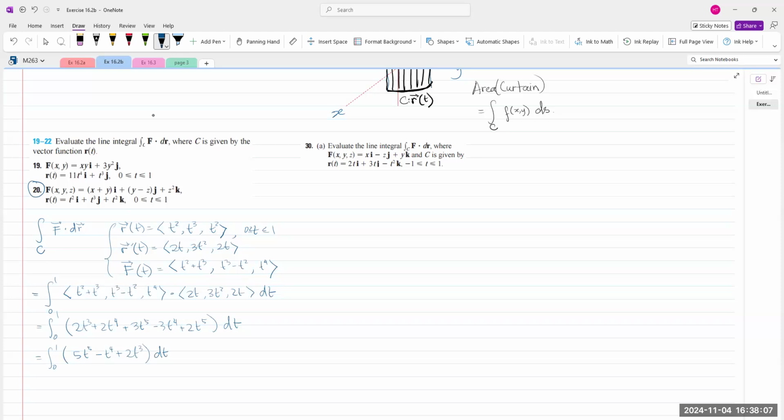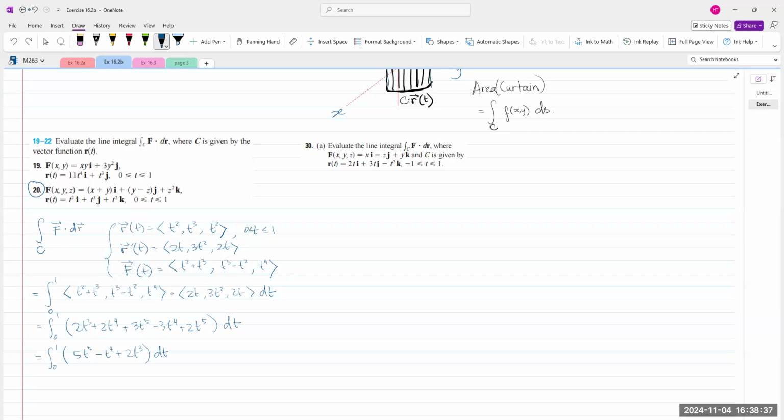I hope I don't make any algebraic mistake. But you see that I take the derivative here, and then I plug r(t) into the f. It makes the vector field become a vector function of t. Now I substitute the f and the dr, and then I apply the dot product.